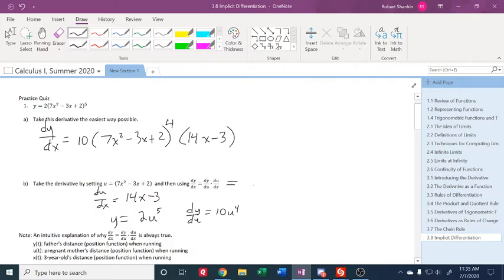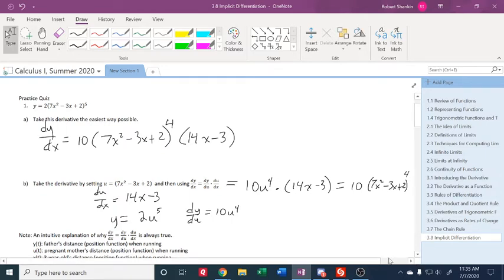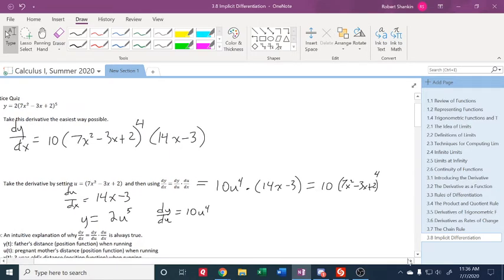So this expression up here becomes dy du, 10u to the 4th, times du dx, 14x minus 3, and then u is the 7x squared, to the 4th, and then this last thing times du dx, 14x minus 3.